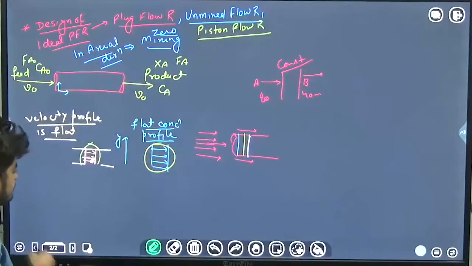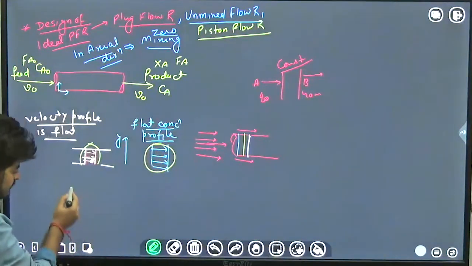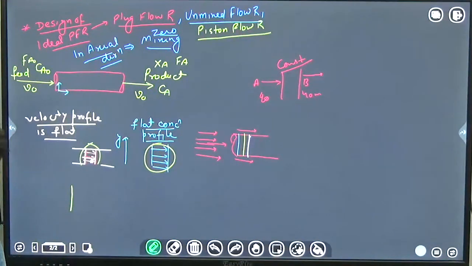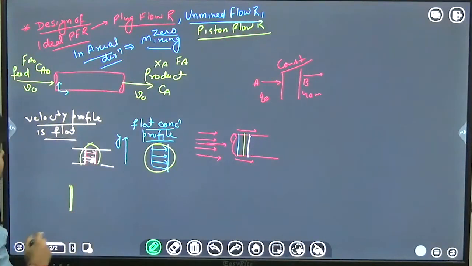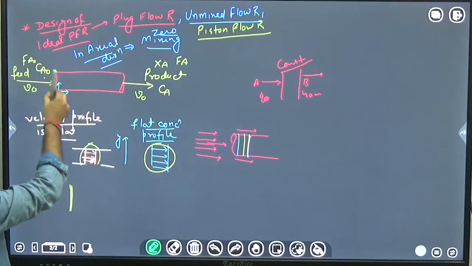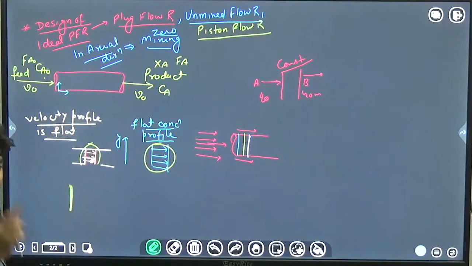See, suppose this is some layer. This is where feed enters, and this is one vertical layer. As feed enters the reactor, it is entering in a vertical form, so let's consider that one vertical layer.